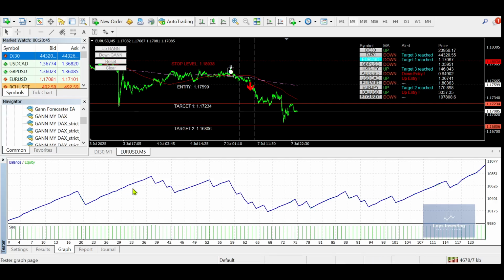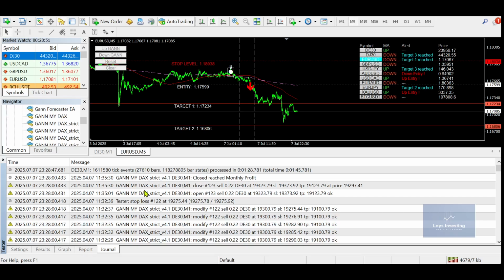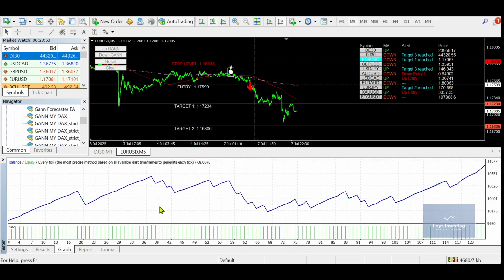If you have 10% return monthly, why should you continue trading to get more than 10%? You risk, for example, to get 20%, but you're risking the 10% you already have.